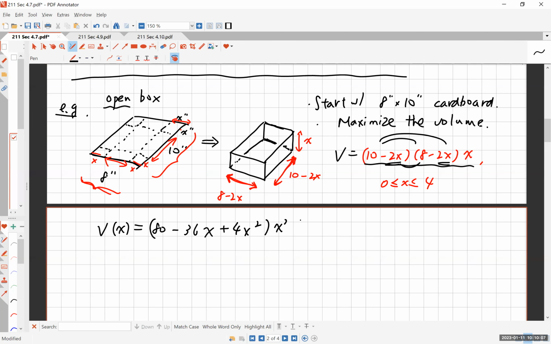And this entire thing should be multiplied by x. So what we have here in the standard descending order is going to be, oh, sorry, it's 1x. 4x cubed minus 36x squared plus 80x. This is to be maximized.